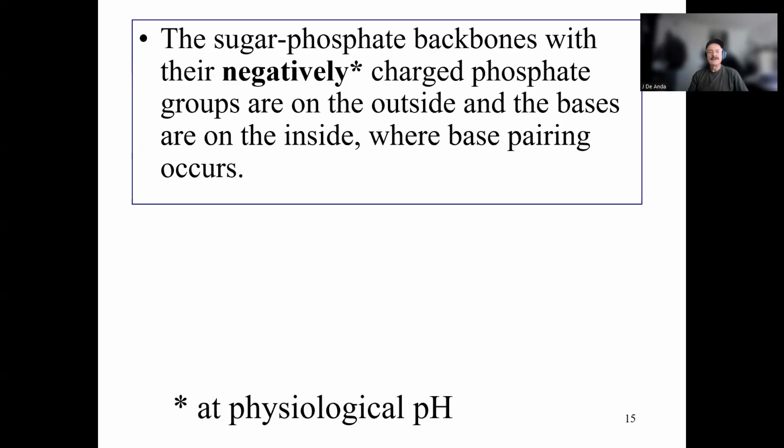And so these negative charges are going to be facing the outwards direction of the double helix, which allows it to remain soluble in an aqueous environment, whereas the bases are going to be on the inside, and base pairing is going to happen there.